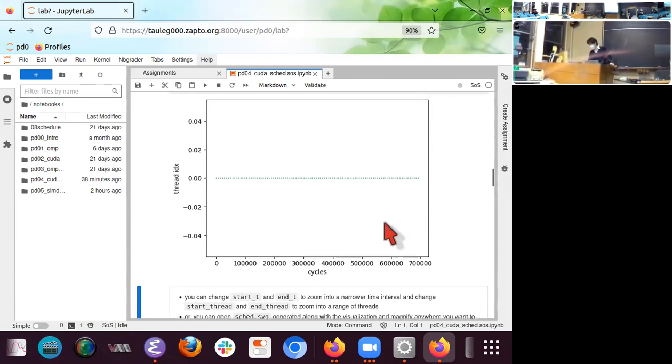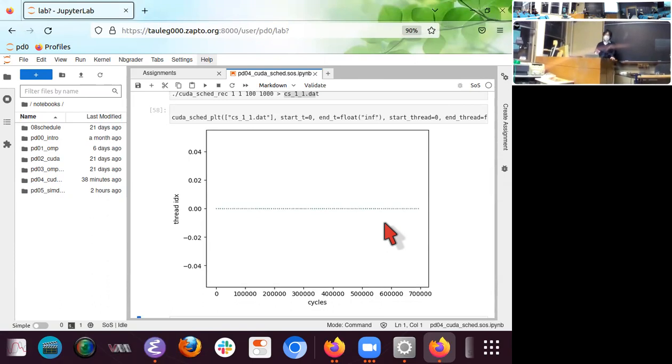Okay, so how much is it in terms of the performance? 7 clocks, so a single FMA every 7 clocks.